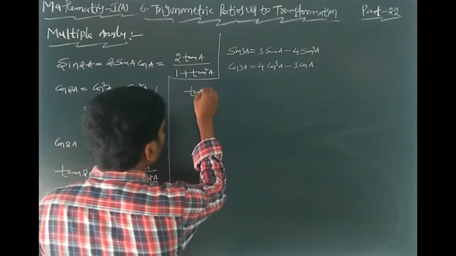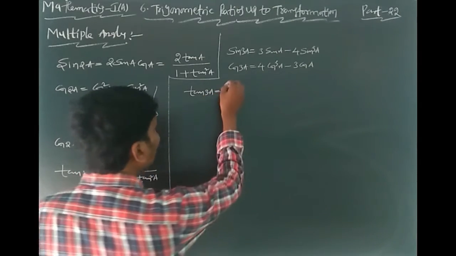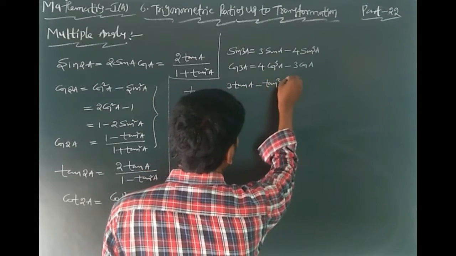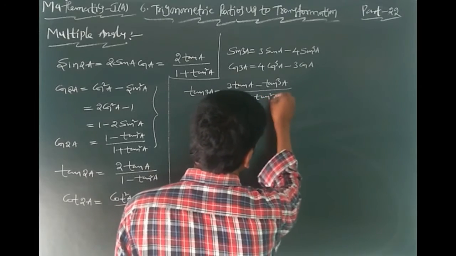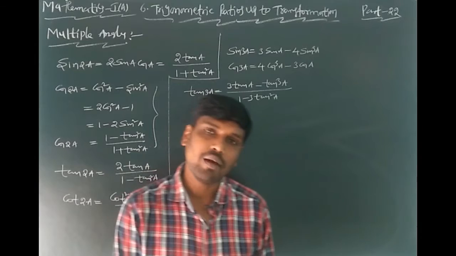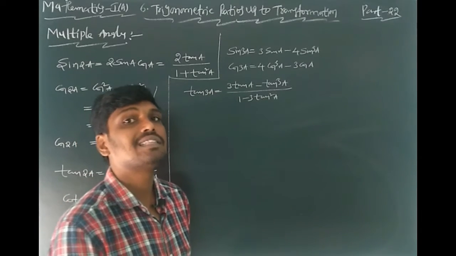Next, it goes to the tan 3a formula. What is the formula of tan 3a? 3 tan a minus tan cube a, whole by 1 minus 3 tan square a. This is the formula for tan 3a.